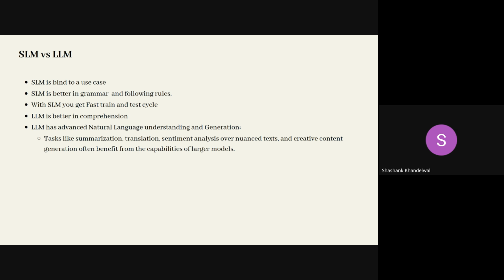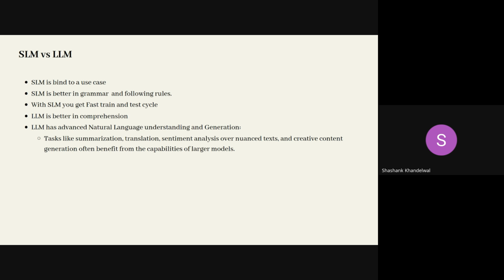Don't relate this directly to encyclopedias; it's just the amount of data. So with that limited data, you can train an SLM to learn better grammar, better rules of the language, and better reasoning ability as well.